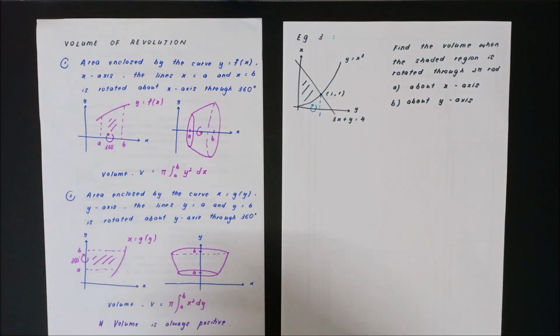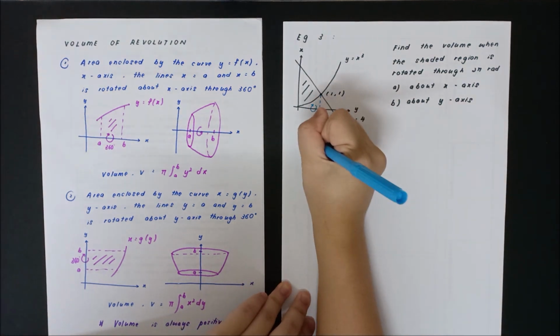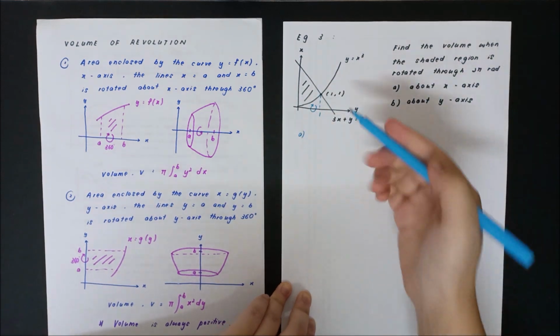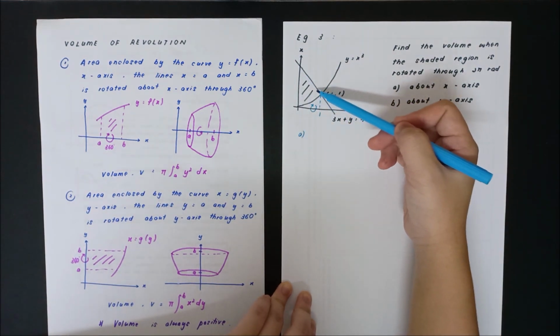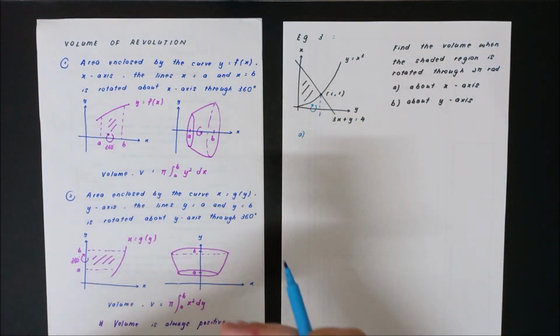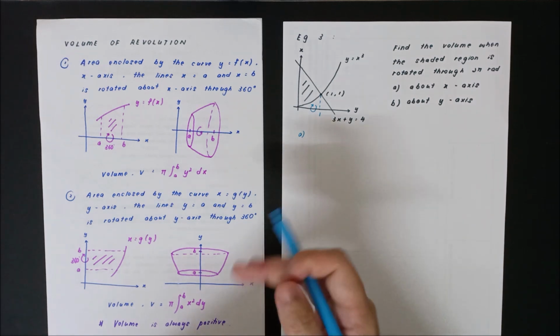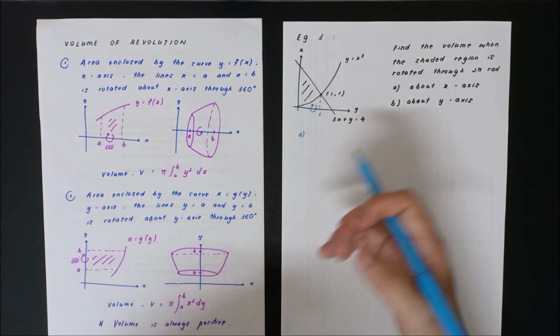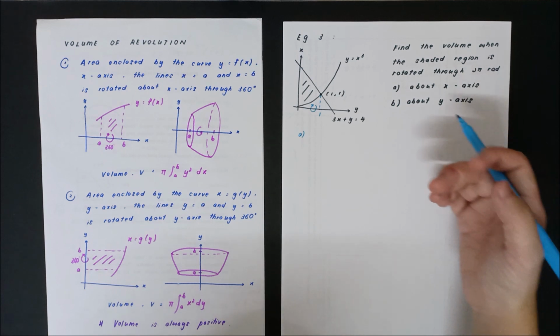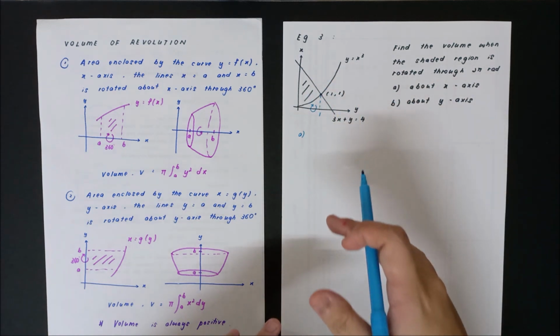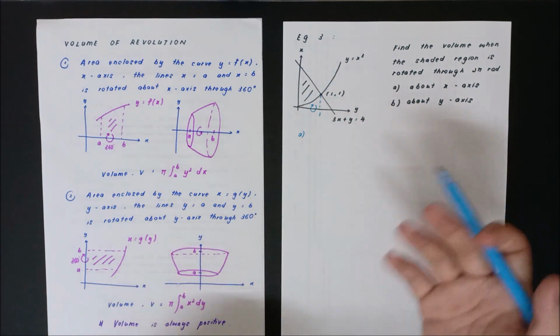Okay, so let's try this out. Part A. The first one is the bigger volume here. Of course you can see which one is above and which one is below, but a more appropriate explanation is to use the bigger volume to minus the smaller volume.